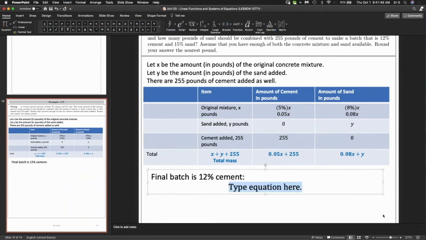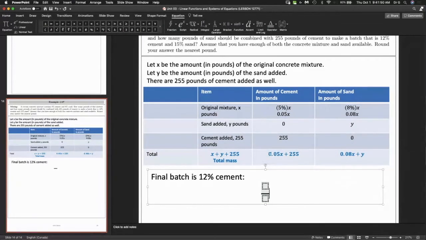What does that mean in terms of math? It means that if I take this number here and I divide by, whoops, I'll just type it out. If you take that expression there and you divide by the total, that should equal 12%.